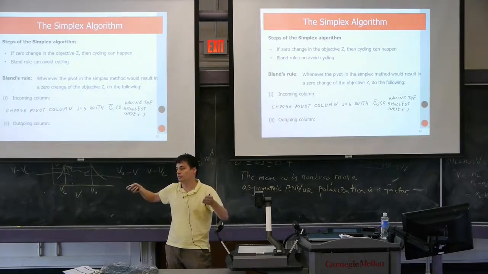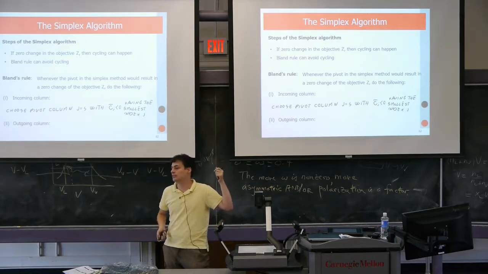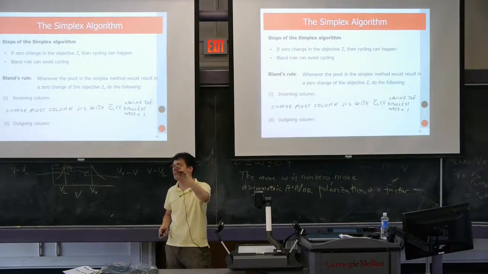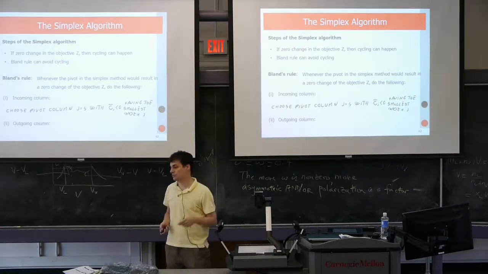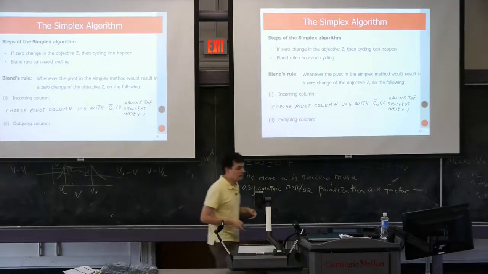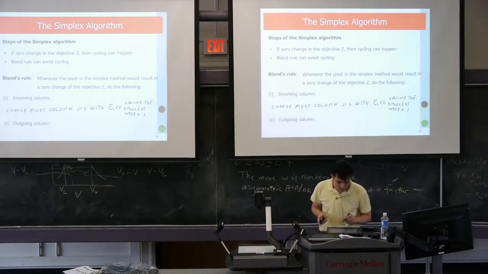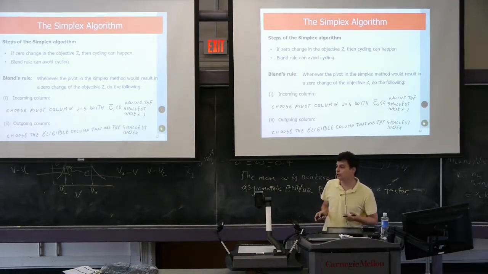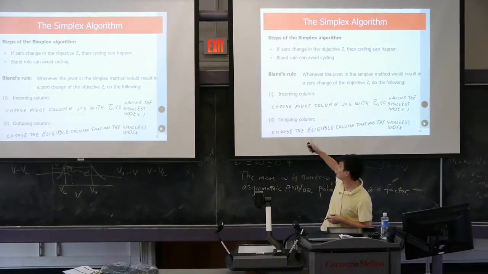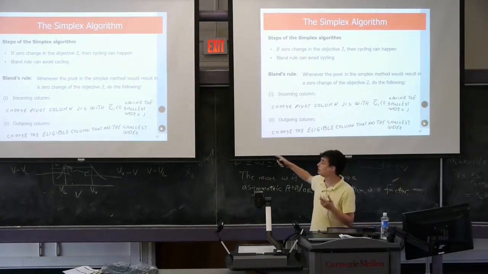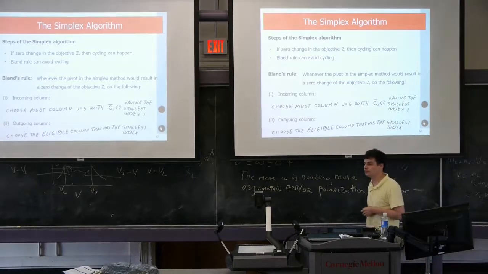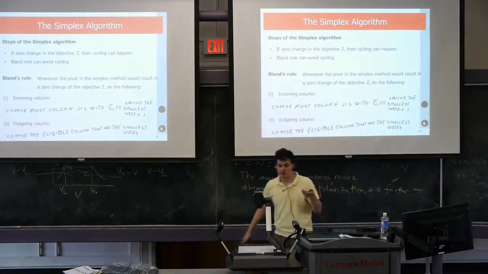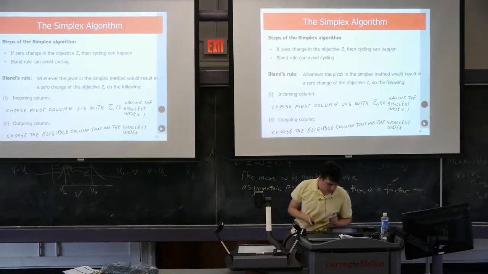You can be greedy, but this rule just says don't worry about the values. Just choose the one where the index is the smallest. And the same for the outgoing variable: just choose the eligible column that has the smallest index as well. In this way, you will not get into loops.